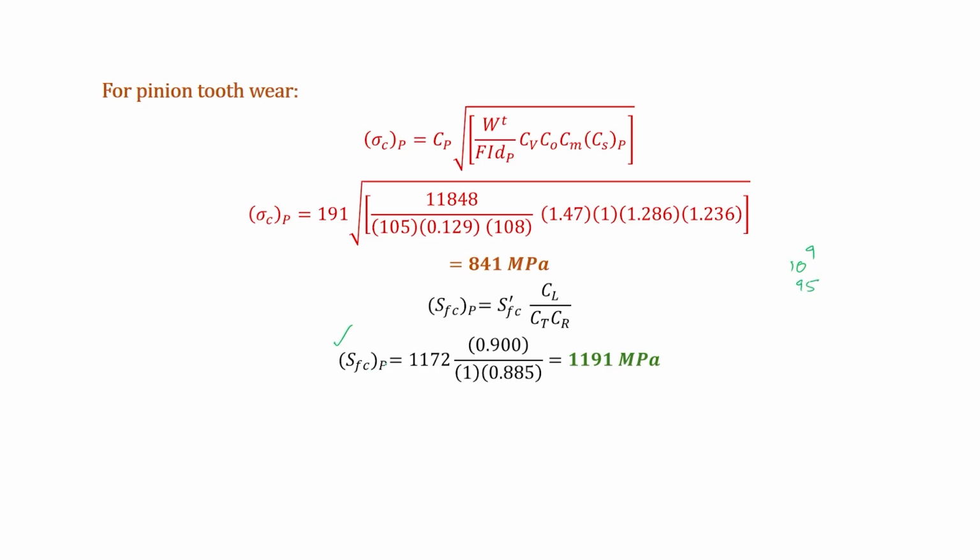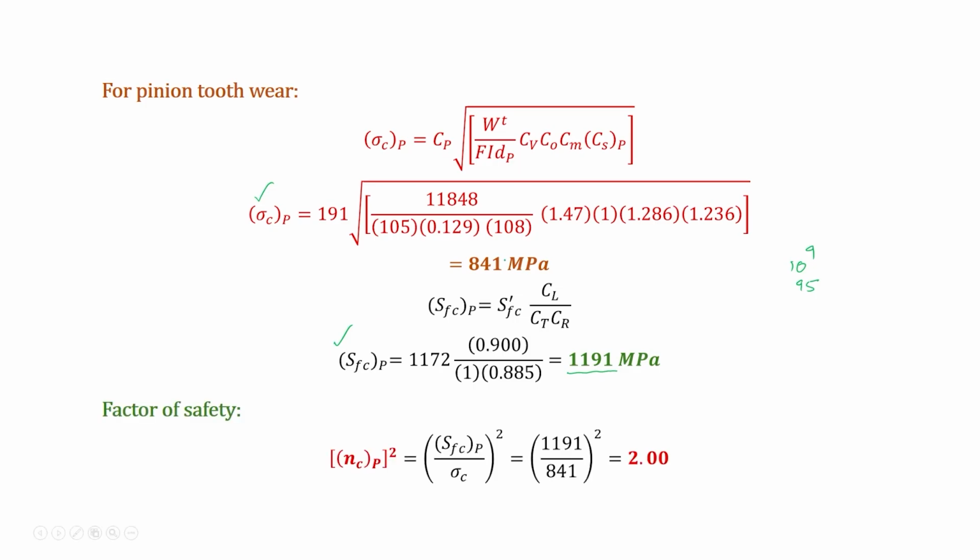So surface fatigue strength of the material of the pinion has come as 1191, and the surface stress which is acting on the pinion is 841, and thus the factor of safety which is squared so that it can be compared with the WT, because NC, factor of safety against contact stress, is related to under root of the WT as we discussed in the beginning of the class. So this factor of safety of the pinion against wear squared is equal to 2.